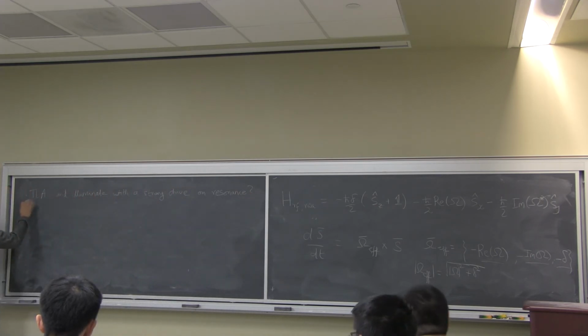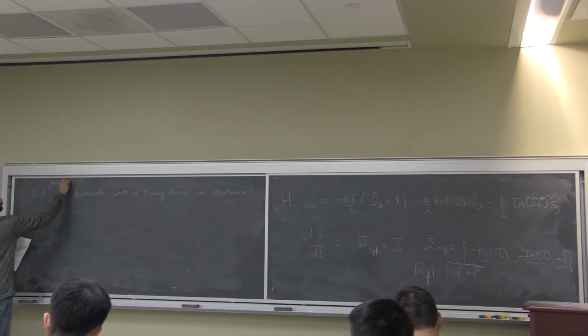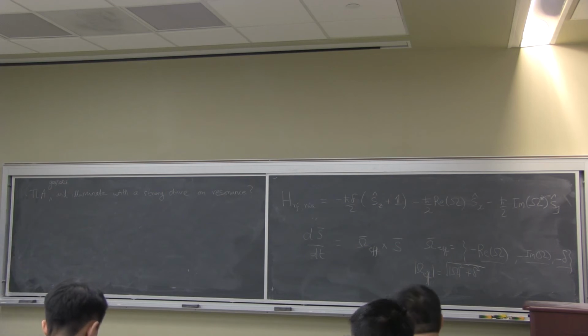Sorry, this is a two-level atom gas or solid. Let's say it's a solid. So there are n two-level atoms per unit volume.